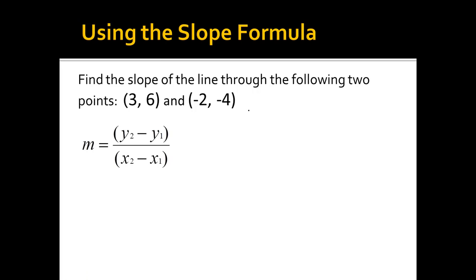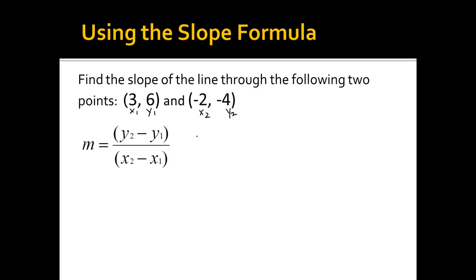Okay, now let's take a look at using the slope formula. If we know 2 points on the line, we don't have to be able to see the graph. We can use the slope formula. Label one of the points, point 1, so x1, y1. Label the other point, point 2, x2, y2.